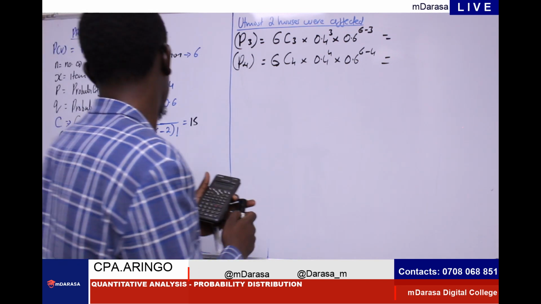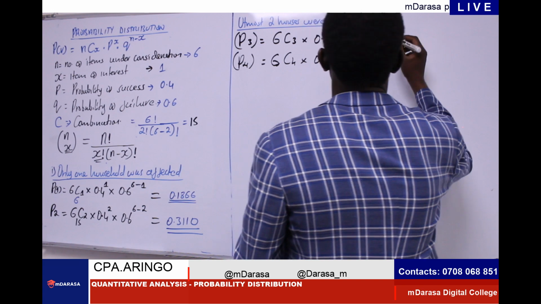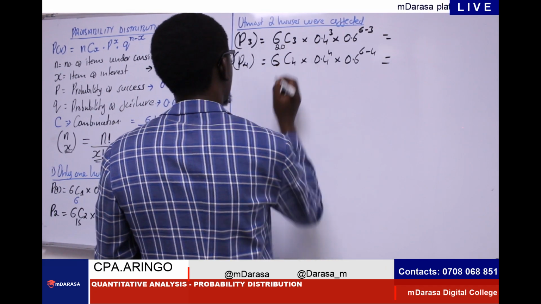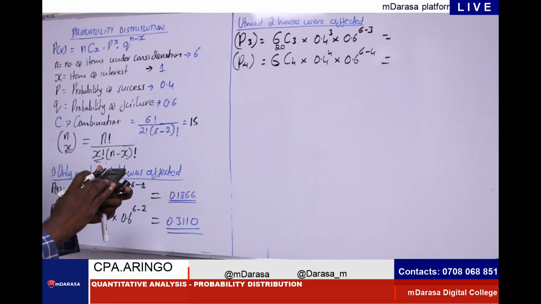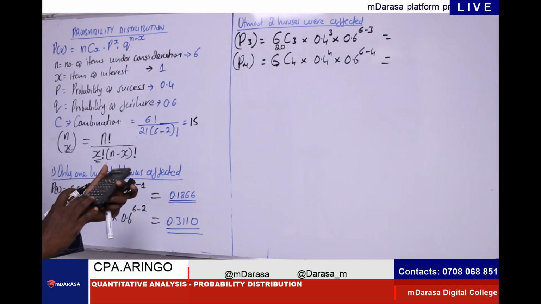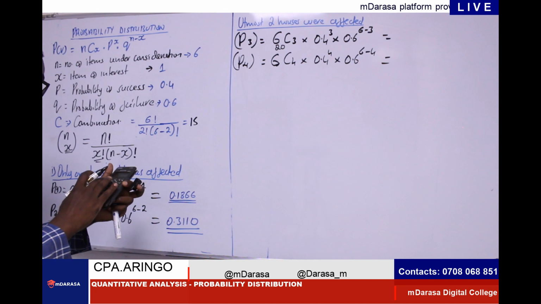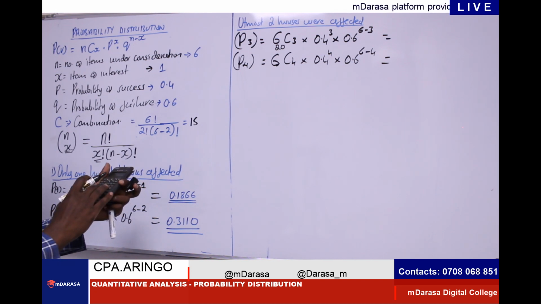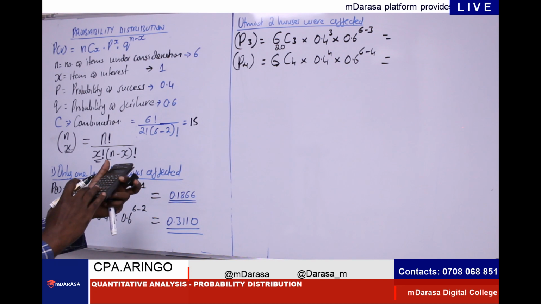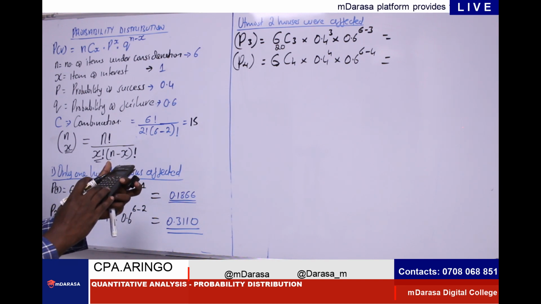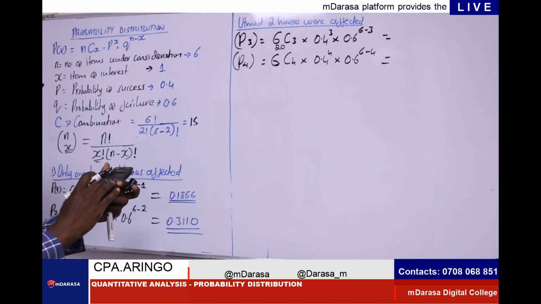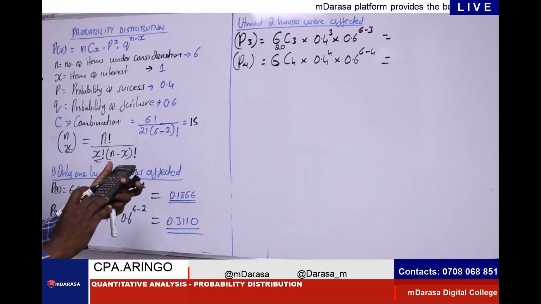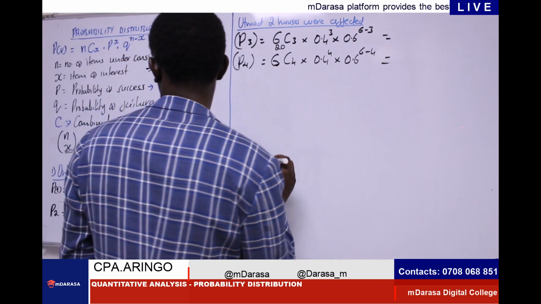The first case gives us 20. For the second, 6 factorial divided by 4 factorial times 6 minus 4 factorial. This gives us 15.